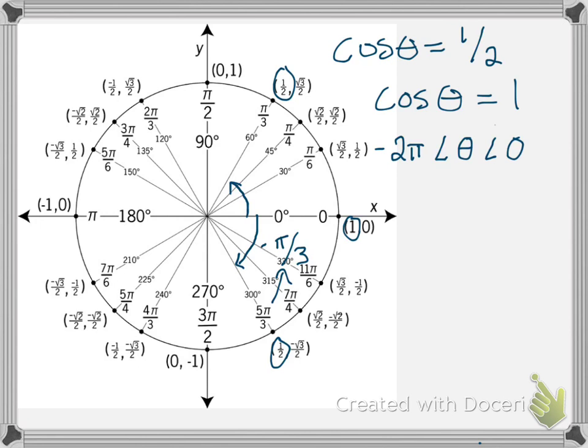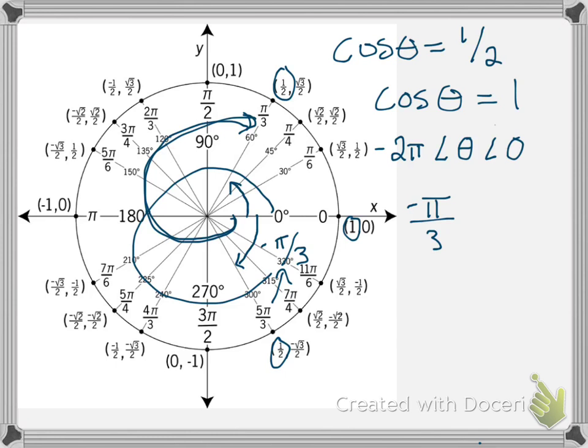We know that one of our answers is going to be negative π/3. In the same breath, if we go this way, all the way up there, the separation is going to be the same as going 5π/3 in that direction.